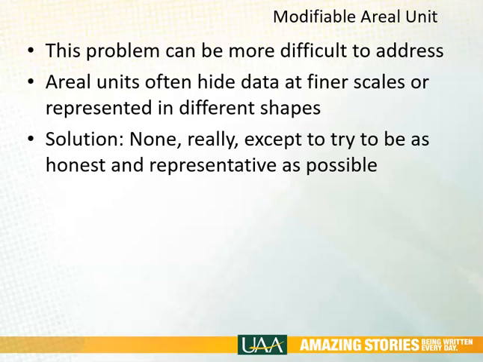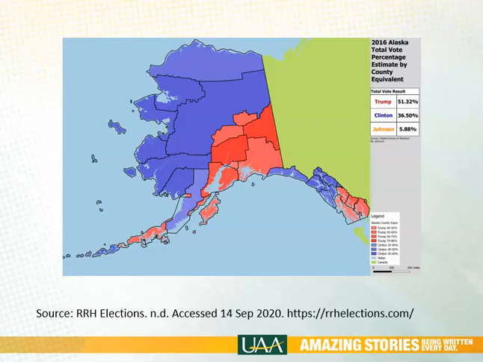And you're familiar with seeing data like this. This is a map that shows the Alaska vote for President Trump or Secretary Clinton in 2016. And you can see that one part of the state was very strongly in support of President Trump and other parts were strongly in support of President Clinton. But of course, there's a lot more detail than this.